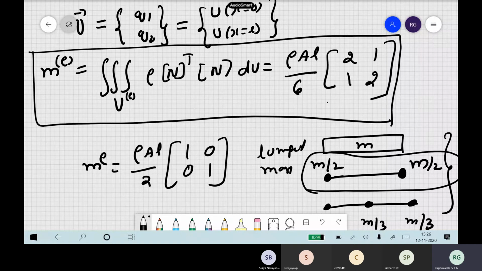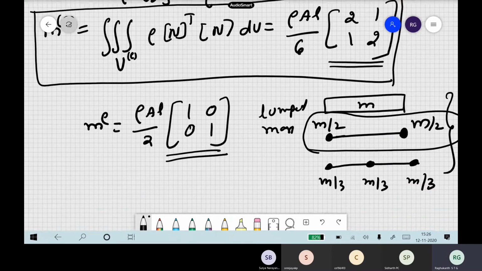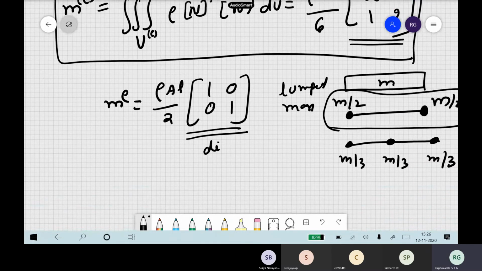You see the matrix here, how the matrices look. Lumped is what type of matrix? It is a diagonal matrix. So lumped mass is generally a diagonal matrix. Now tell me which one you will prefer. The lumped one, because computation becomes very easy.